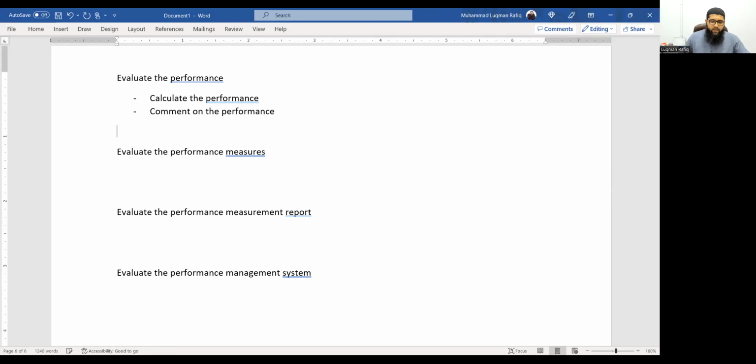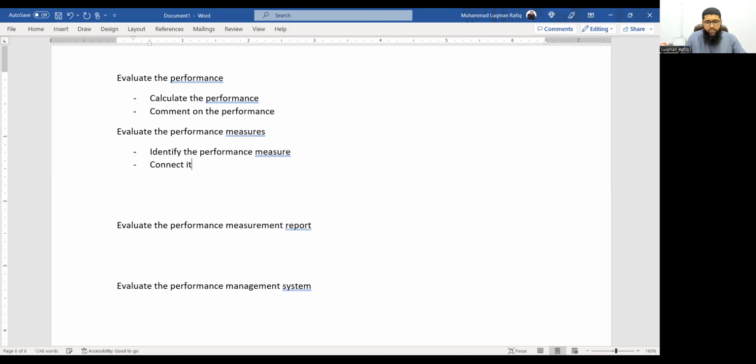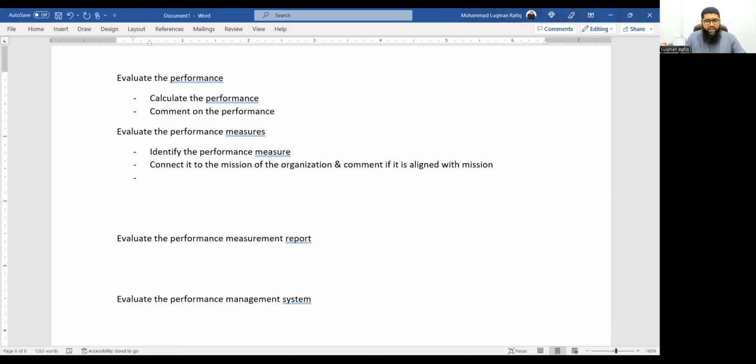Now, when you have an evaluation of the performance measure, a 3-step approach can be adopted: you identify the performance measure, you connect it to the mission of the organization and comment if it is aligned with the mission, and then lastly, suggest an alternative and ideally give justification for it.